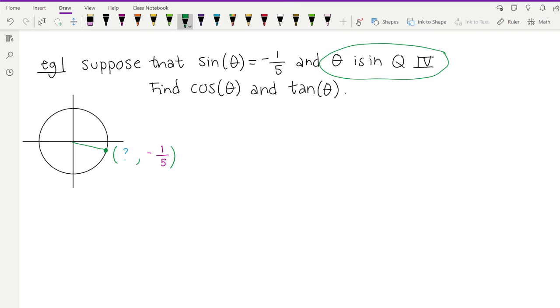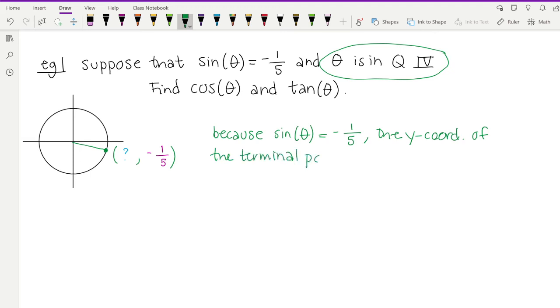But let me just write down the fact that because sine of theta is equal to -1/5, the y coordinate of the terminal point of theta is going to be -1/5.